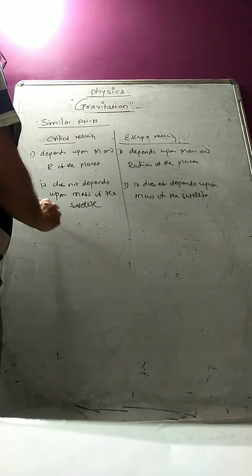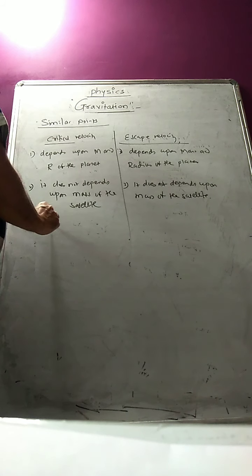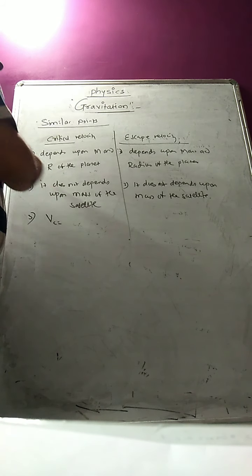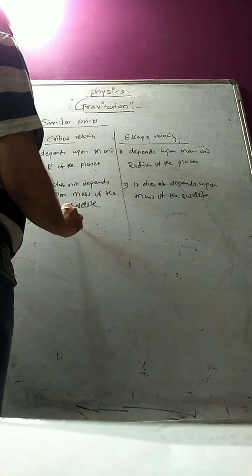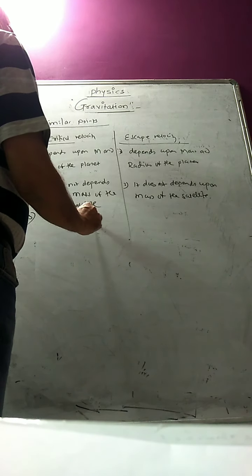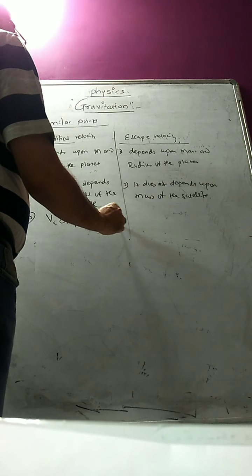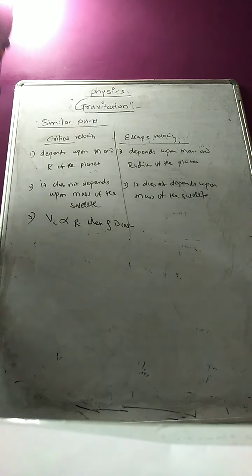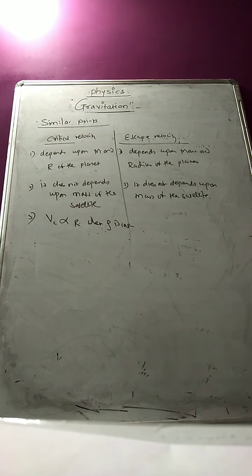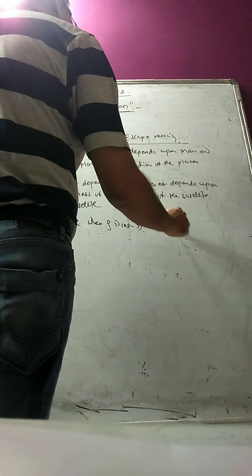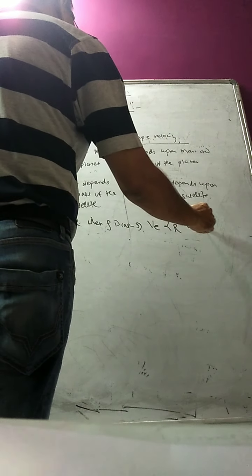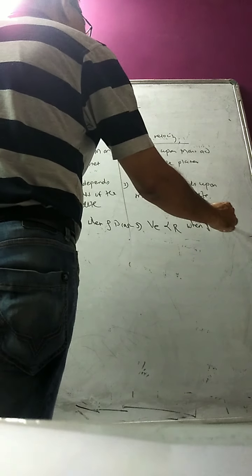त्याच्यानंतर मुलांनो critical velocity Vc, okay, is directly proportional to R when rho is constant. Critical velocity is directly proportional to R when the density remains constant. Here also escape velocity is directly proportional to R when rho is constant.